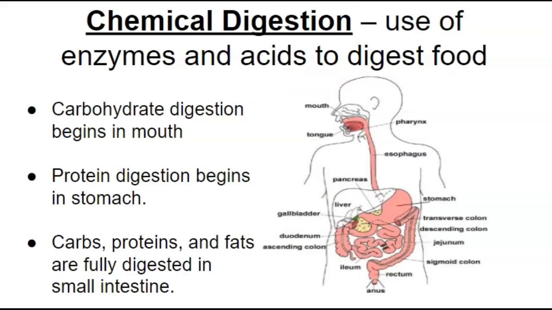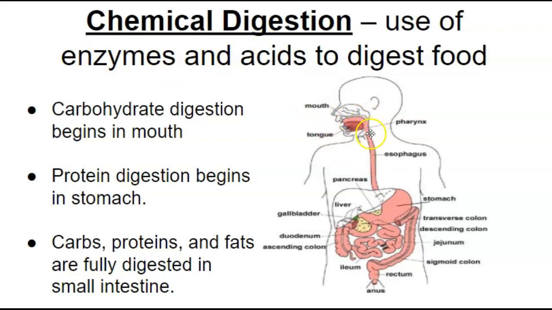Next up, we have chemical digestion. This is when we use enzymes and acids, chemicals, to digest our food. If you think about where chemical digestion happens, where are there chemicals? Where are there enzymes and acids? Lots of different places.